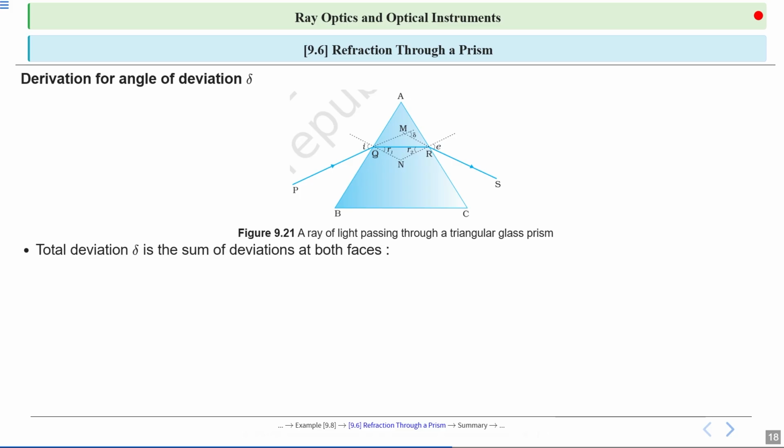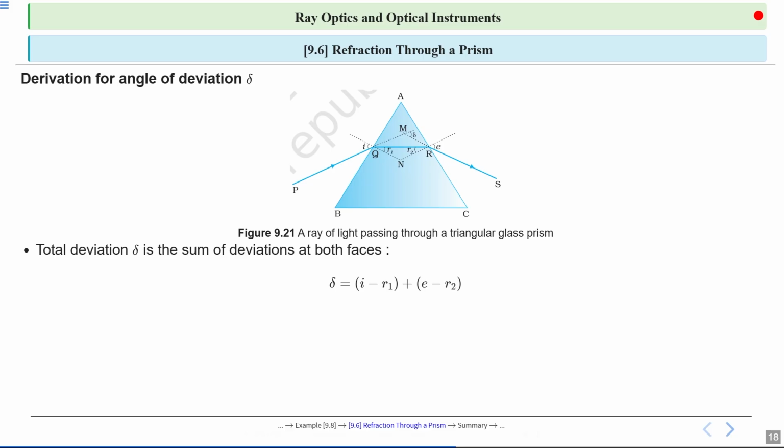The light is refracting, so it is deviating from its path. And again, it deviates when it goes from the prism to the surrounding medium at the AC surface. So it is deviating two times. So the net deviation delta is the sum of the deviations at both the entry and exit faces.